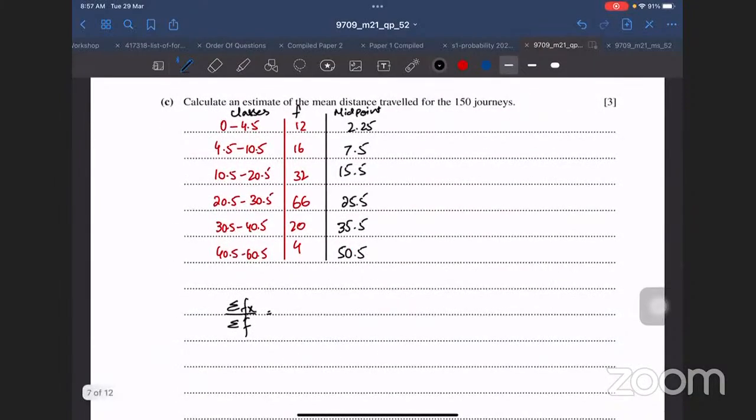I'm then going to apply the formula fx: 12 into 2.25 plus 16 into 7.5 plus 32 into 15.5 plus 66 into 25.5 plus 20 into 35.5 plus 4 into 50.5. And I know that I have a total of 150 observations. So I'm going to just divide by 150.